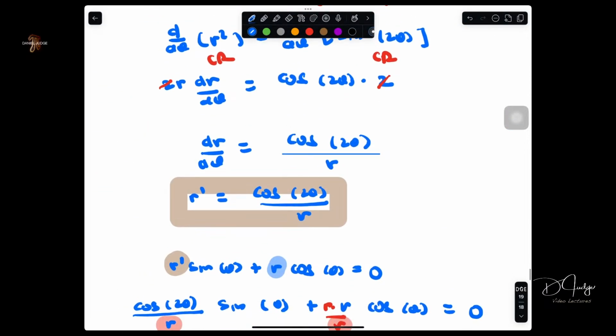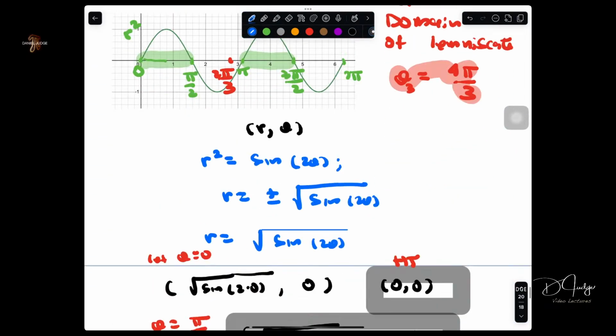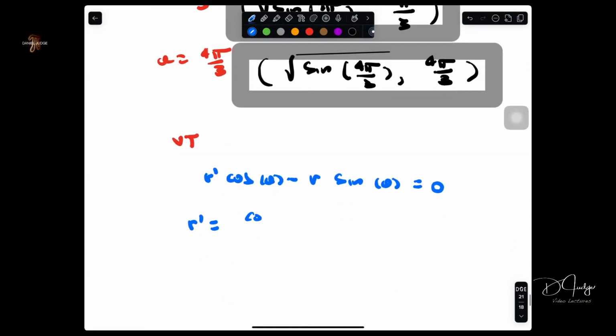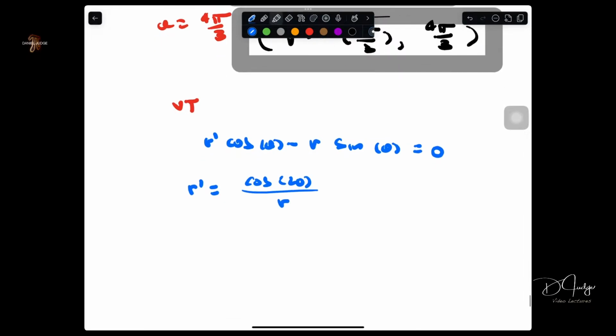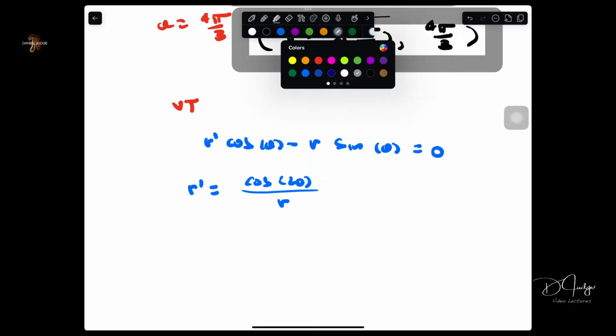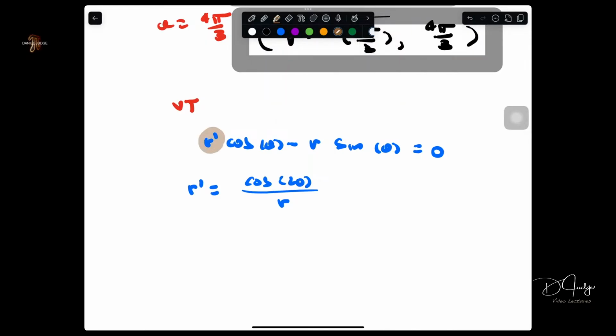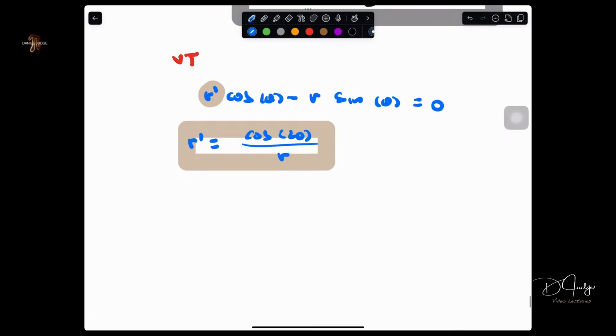Now, r prime again, if we go back and remember, we solved for r prime already. It's cosine double theta over r. And we're just going to leave this for r again. So we'll have to solve a trig equation here and do some algebra. Cosine double theta over r, cosine theta minus r sine theta equals 0.